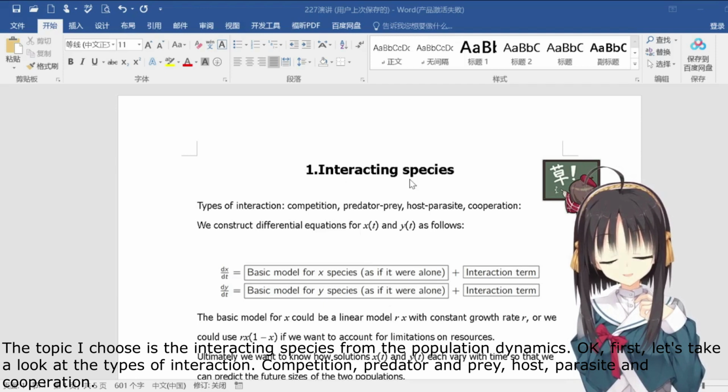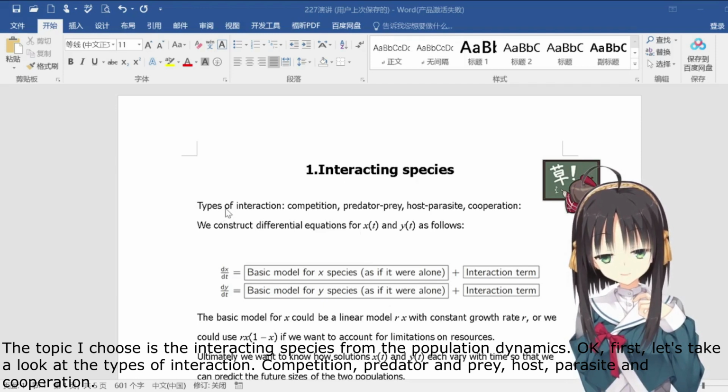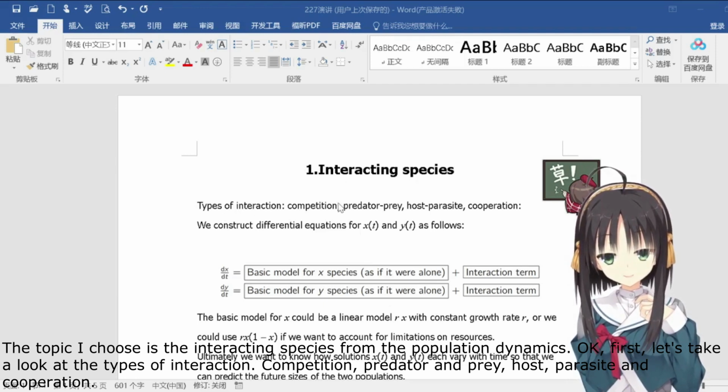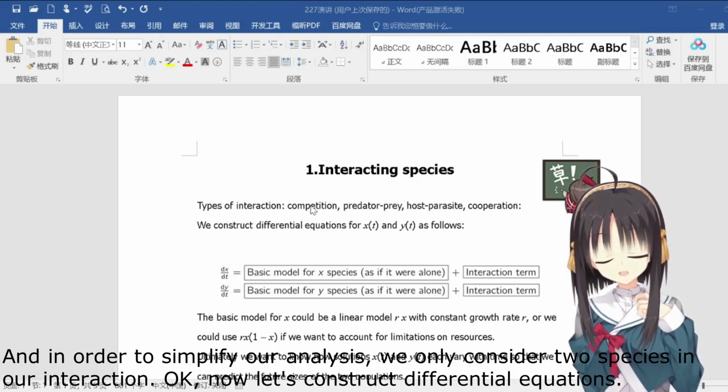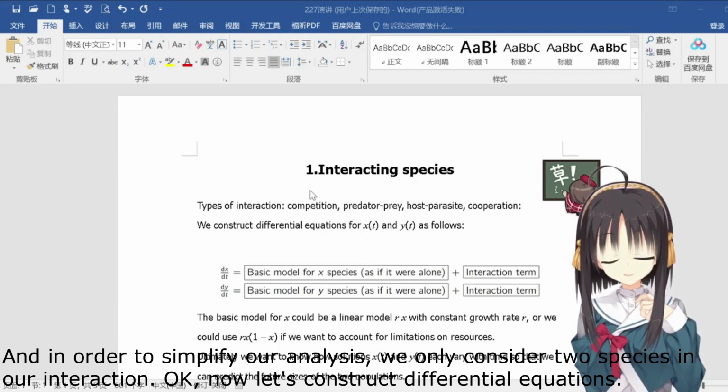Okay, first let's take a look at the types of interaction: competition, predator and prey, host and parasite, and cooperation. In order to simplify our analysis, we only consider two species in our interaction.